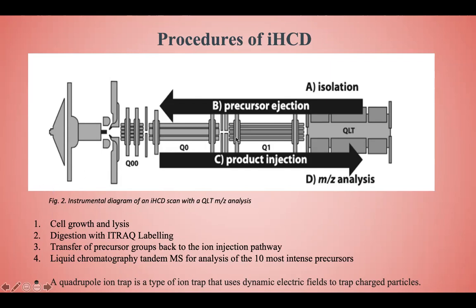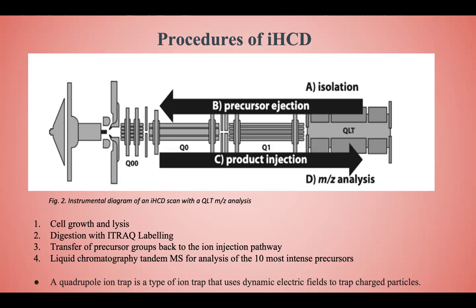After injection and separation of the specific precursor, the separated precursor group is transferred back along the ion injection pathway with high kinetic energy. When ions enter the high pressure area near the AP inlet, which is the Q0 stage, the ions collide with neutral gas molecules leaking from the atmospheric source.